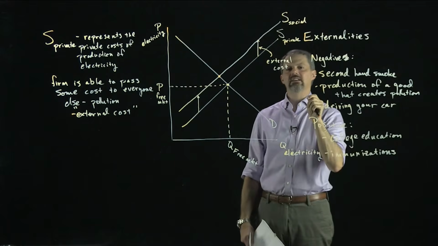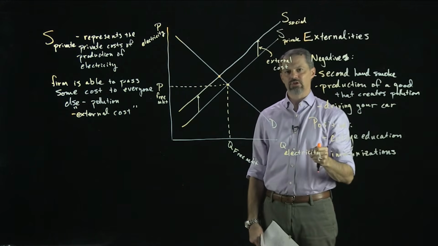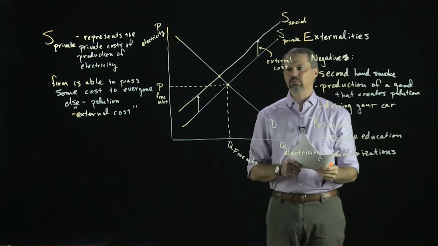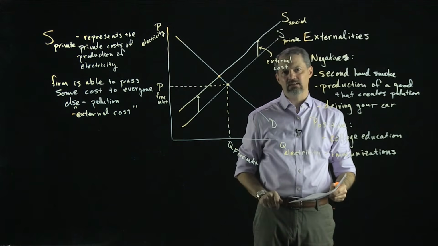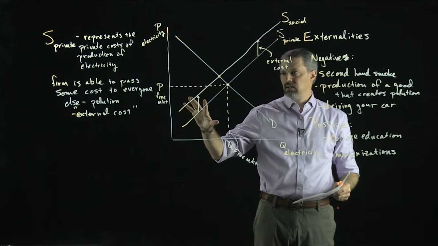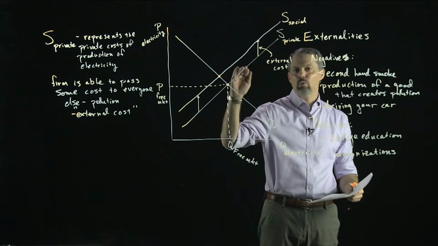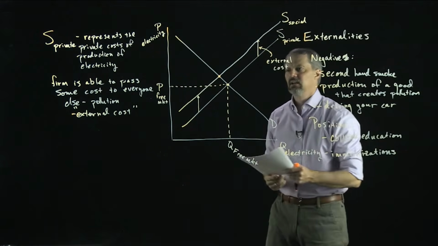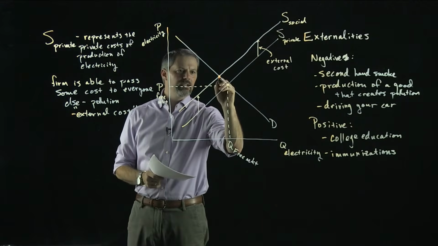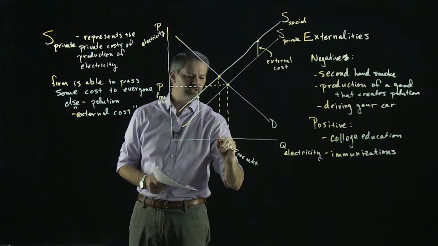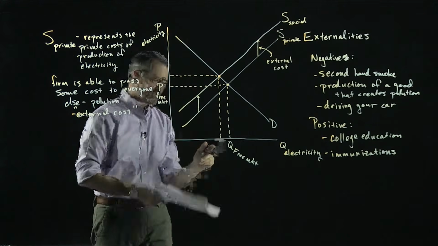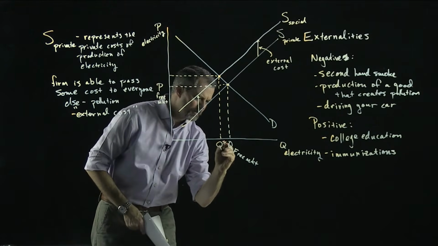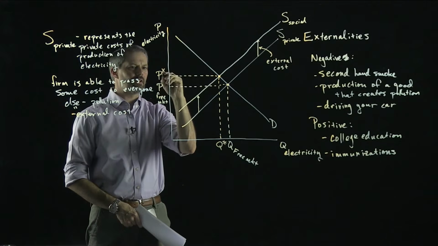This would be the quantity that the benevolent social planner would choose, because the benevolent social planner would not just pass this cost on to somebody else and then not worry about it. The benevolent social planner wouldn't ignore any cost. And so right here is what we would call the efficient quantity, and right up here would be the efficient price. So let's call this Q star, and we'll call this P star.